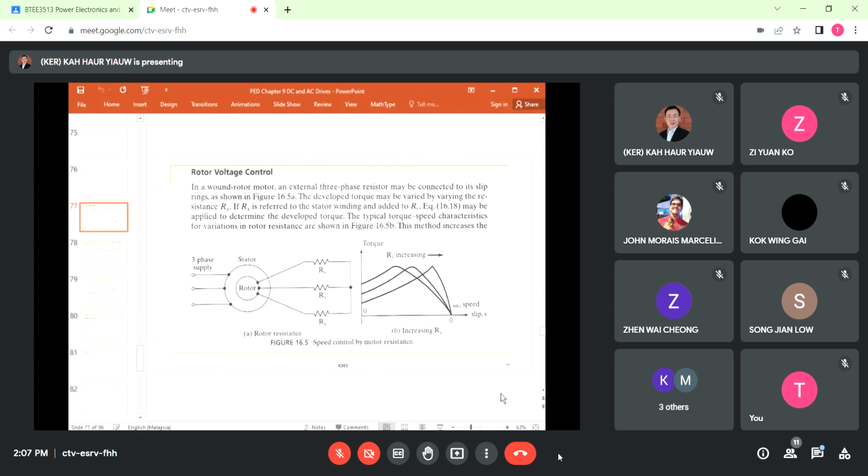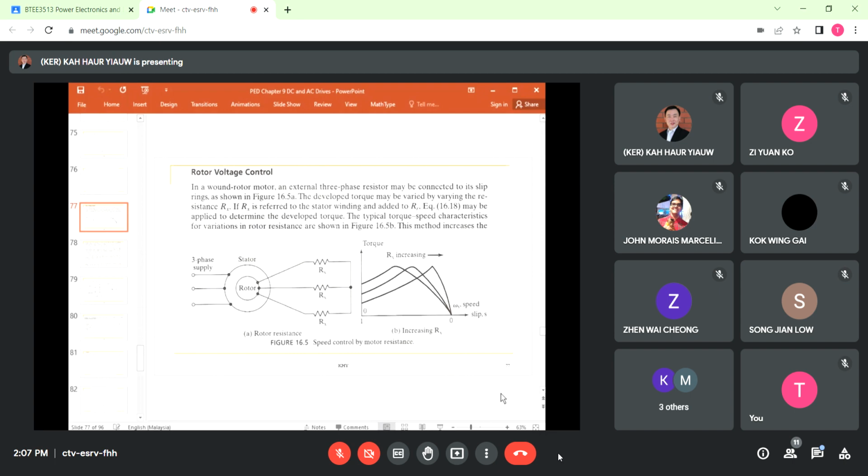Because of the variability of rotor winding for changing the rotor resistance, the wound rotor offers greater flexibility for control. However, it increases the cost and needs maintenance due to slip ring and brushes. The wound rotor motor is less widely used as compared with the squirrel cage motor.